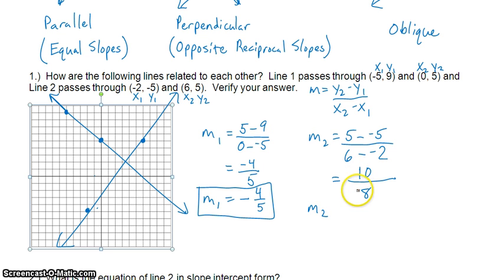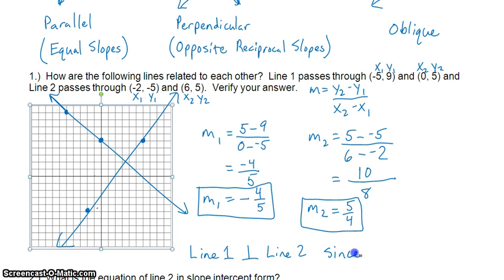So I have a positive number divided by a positive number, and 10 divided by 8 in lowest terms is 5/4. So if I look at my slopes, one's negative, one's positive, so they're opposite, and they're reciprocals, 4/5 and 5/4. So I can conclude that line 1 is perpendicular to line 2.